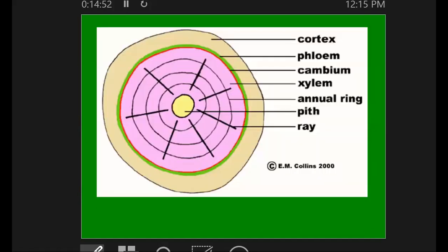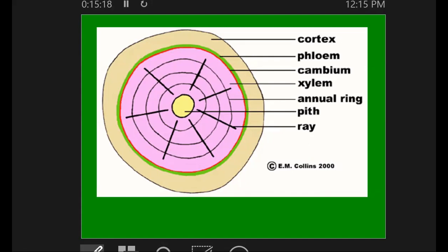Okay, let's go back to the dicot stem. So this is nice because they've color-coded it so that the pink is all the xylem, the red line is the vascular cambium, and then the green, just to the outside of it, is phloem. Now, the way the artist drew this is a little lopsided, right?